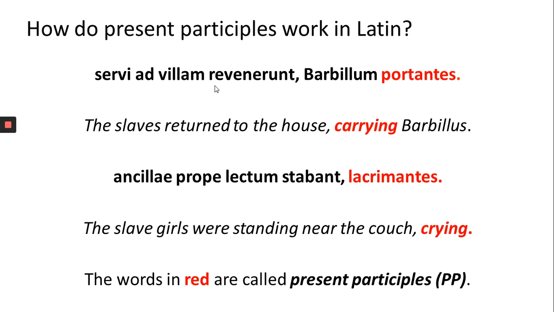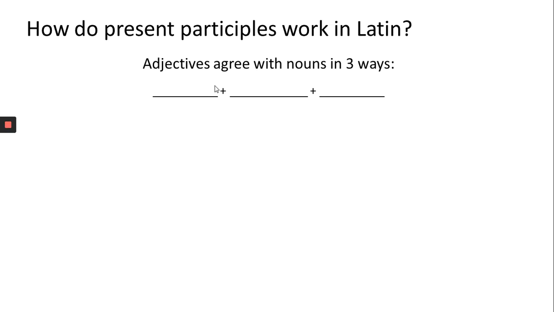Before we move on, and before I explain this a little more, I'd like you to see if you can find any similarities between the two Latin words portantes and lacrimantes. They both have an NT in them. How then do present participles work in Latin?